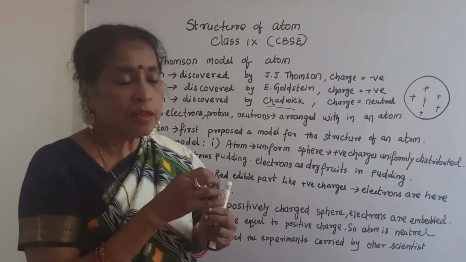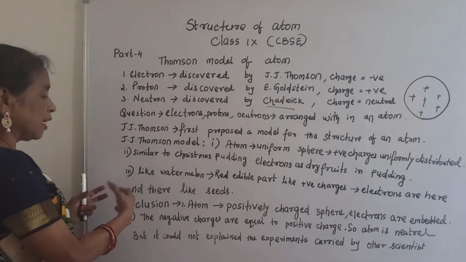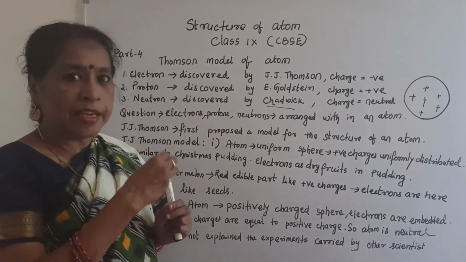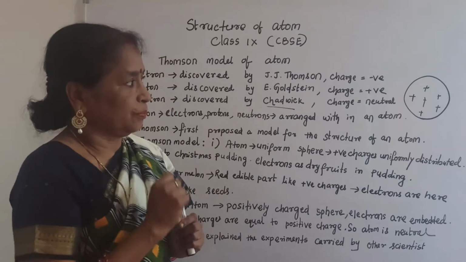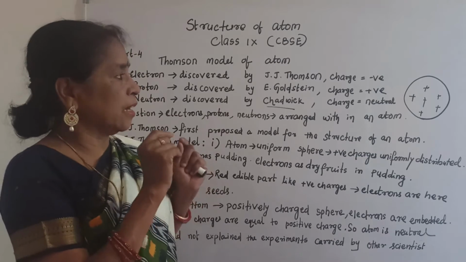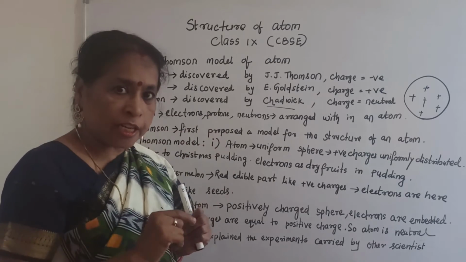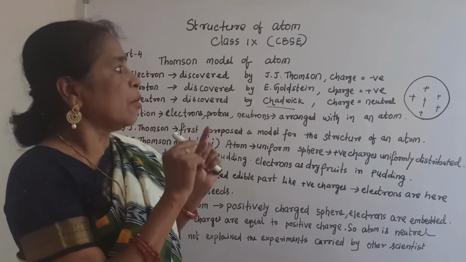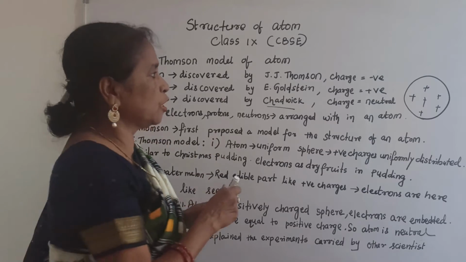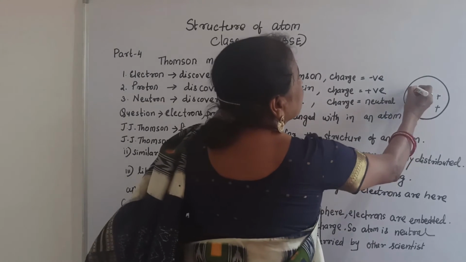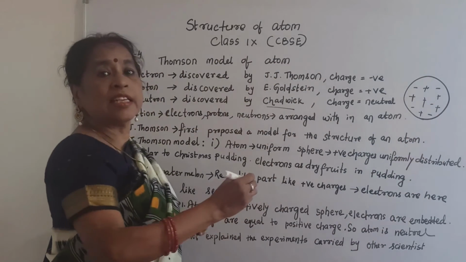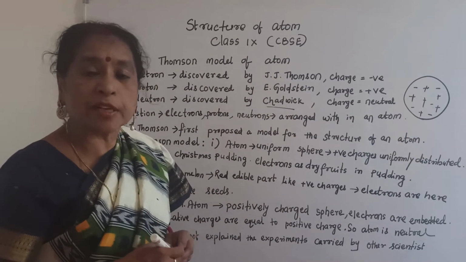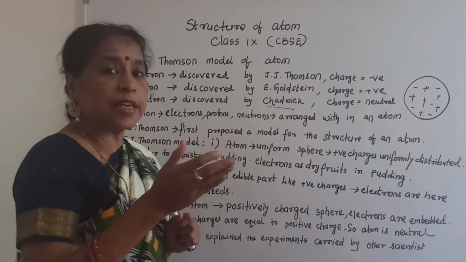So what is the conclusion then? Atom is a sphere where positive charges are uniformly distributed, and the electrons are spread here and there, just like seeds in a watermelon or dry fruits in a pudding.